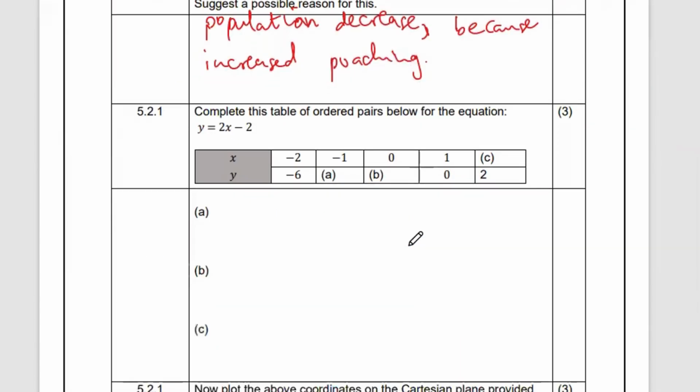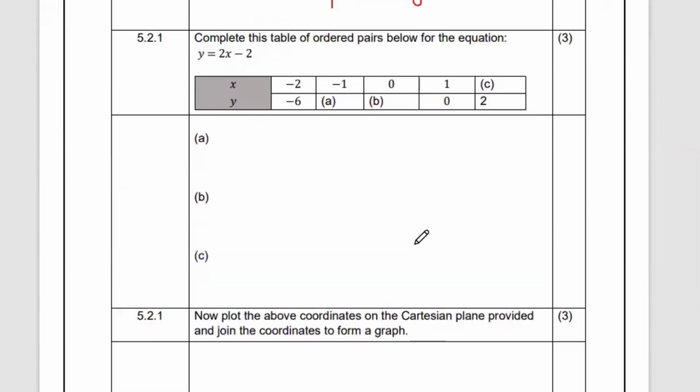Then 5.2, they want us to complete this table of ordered pairs using this equation. So what we can see is that we are going to use our substitution, which means that for the first letter A, y is going to be 2 times -1 minus 2. So that's going to be -2 minus 2, which gives us -4.